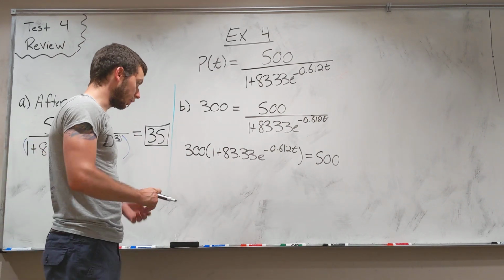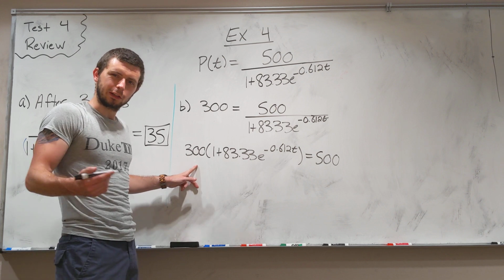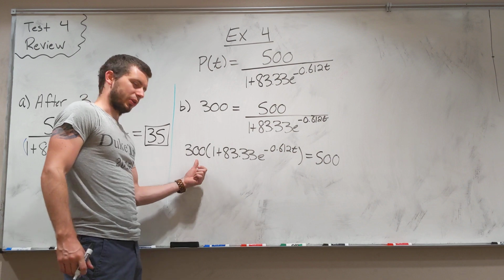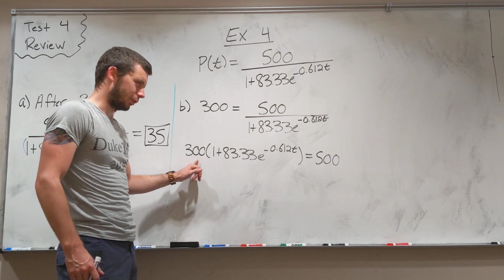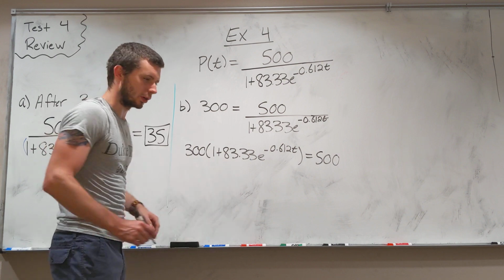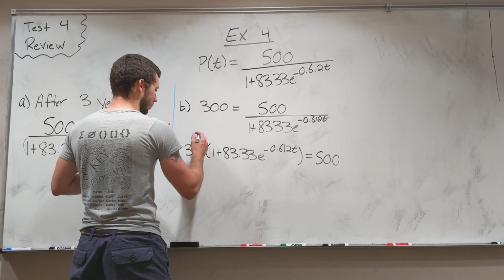From here, what we can go ahead and do is distribute. This is slightly different than how I explained it in the other video. In the previous video, I said divide both sides by 300. I'm going to go ahead and distribute the 300 here though. No real difference between the two methods.